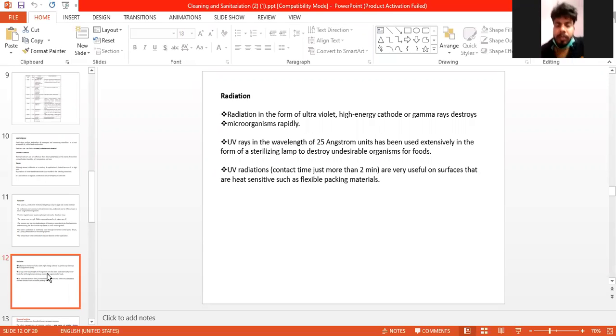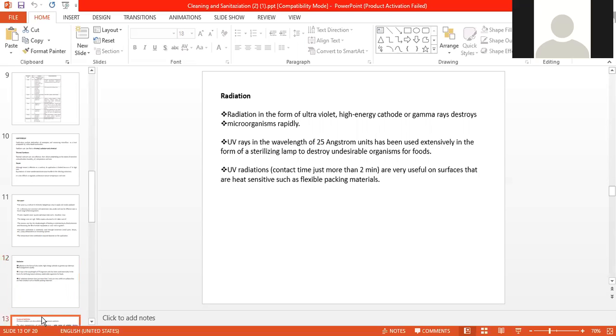UV radiation with a contact time of just over 2 minutes is very useful on surfaces that are heat sensitive, such as flexible packaging material.